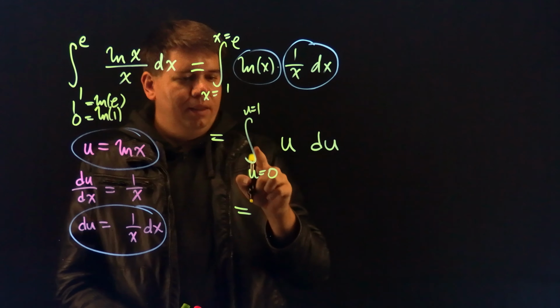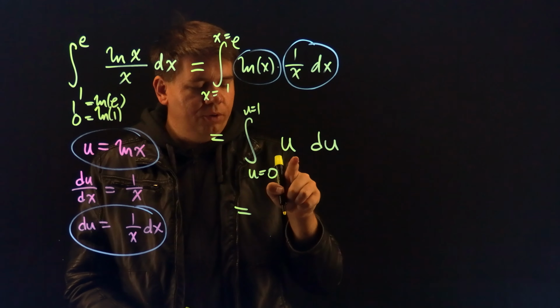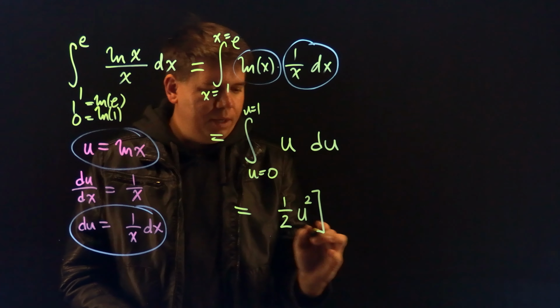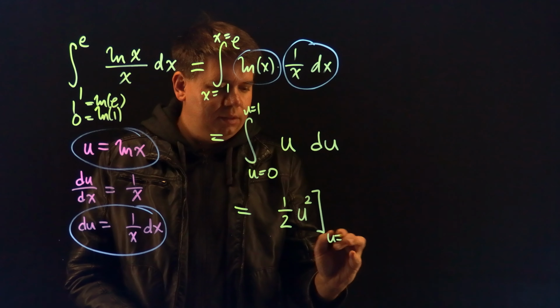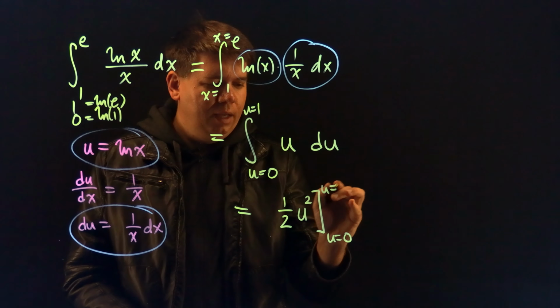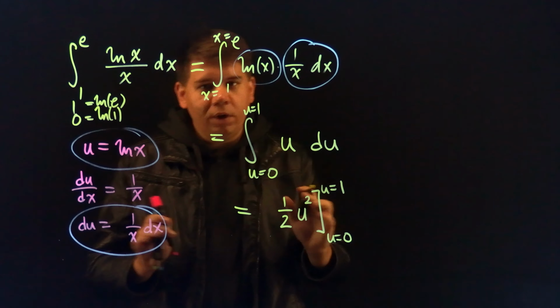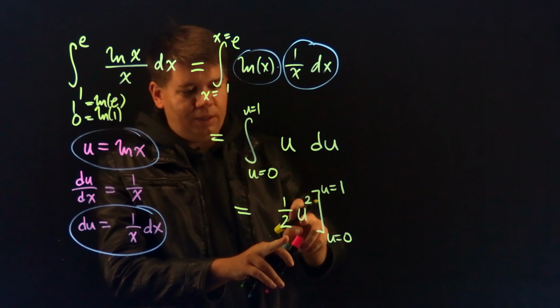So here we go. The antiderivative of u is 1/2 u squared. And I'm going to plug in my u bounds, 0 and 1. And I just keep writing u equals to stress that I've changed these from x bounds to u bounds. What you don't want to do is plug these x numbers into your u equation.